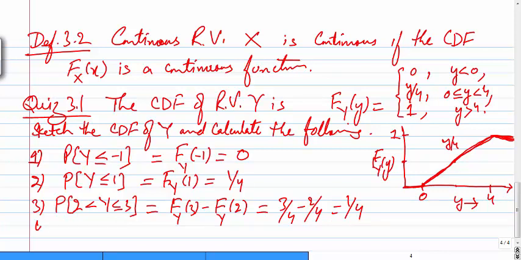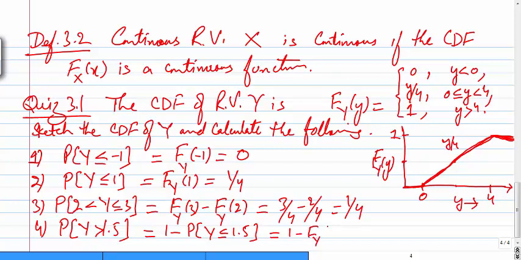Now the last one: we have to find the probability that capital Y is greater than 1.5. For this we convert it to 1 minus the probability that capital Y is less than or equal to 1.5. By the CDF definition, that is 1 minus F_Y of 1.5. Plugging in 1.5, this becomes 1 minus 1.5 divided by 4. When we solve it, it becomes 5 by 8. So this is the answer for your quiz.